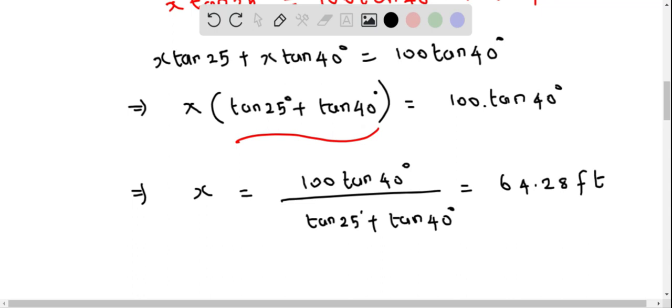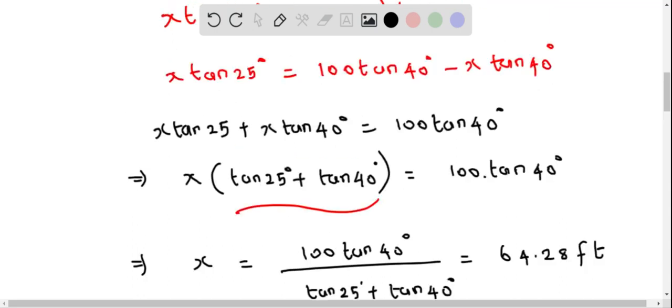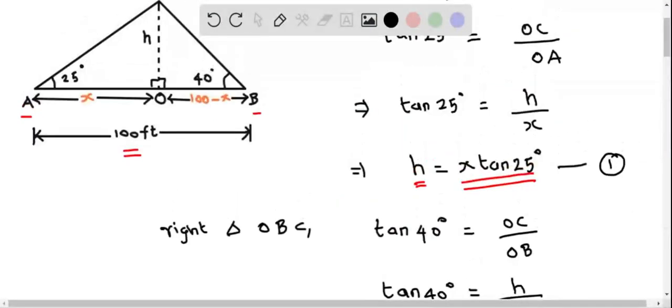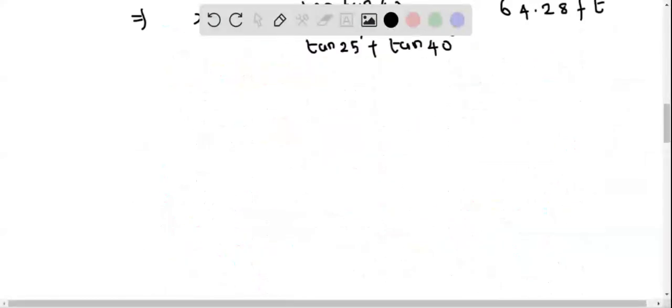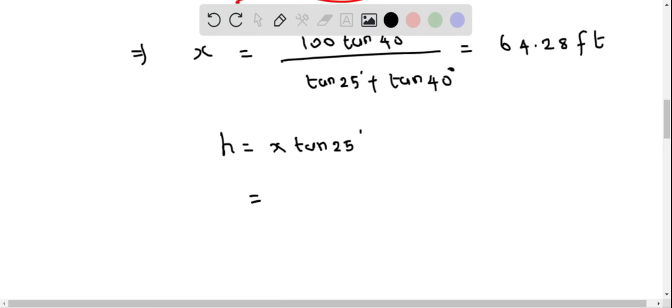To determine the height, we can substitute the value of x into equation 1. We know that h equals x times tan 25. So we have h equals x times tan 25, which means I can replace the value of x with 64.28 times tan 25.